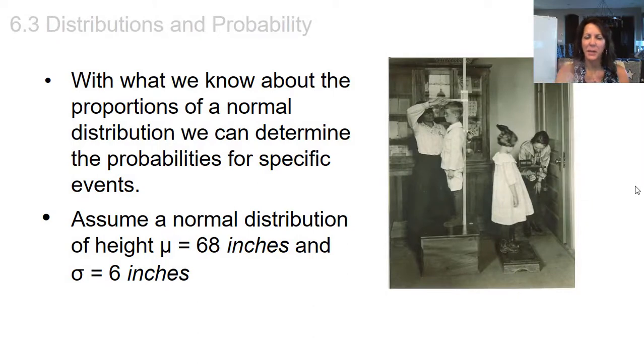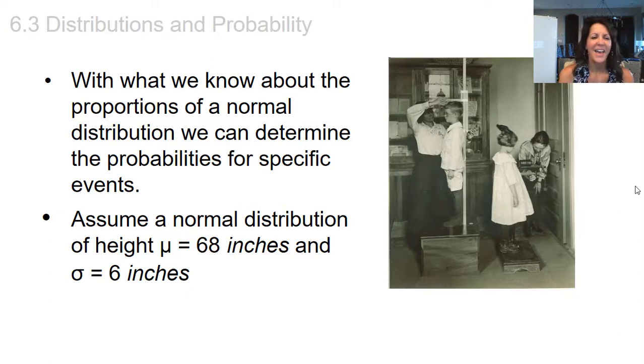All right, we're going to play with this a little bit. With what we know about the proportions of a normal distribution, we can determine the probabilities for specific events. So let's talk about height. Let's just say that there's a normal distribution of height and 68 inches is the mean. So what is that? 5 foot 8 inches is the mean.